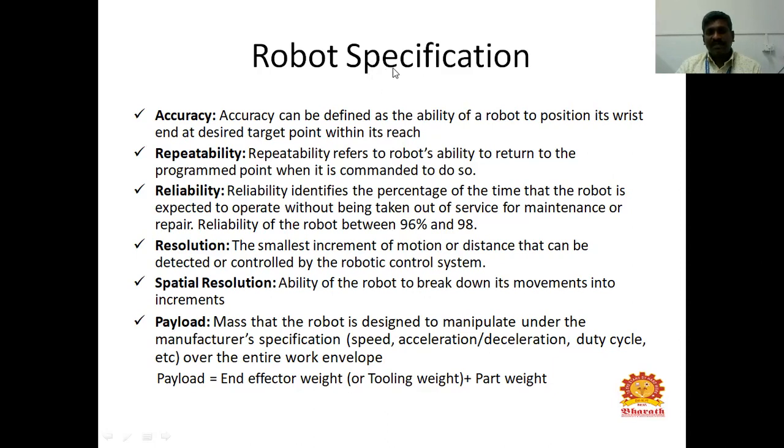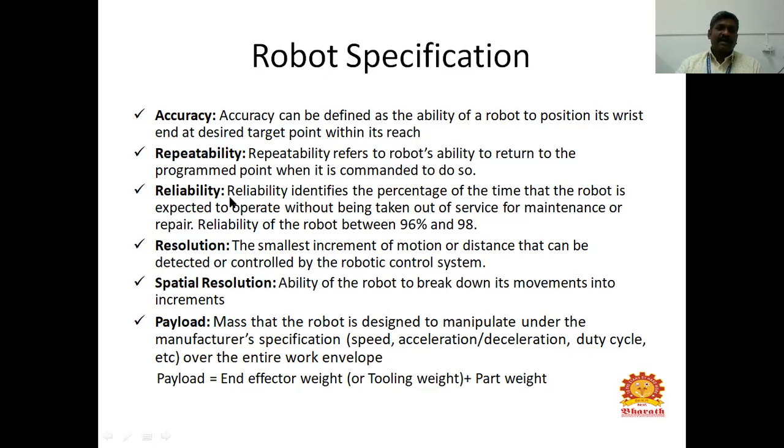How accurately it reaches what we gave as input, that is the accuracy of the robot. Repeatability refers to the robot's ability to return to the programmed point when commanded to do so. That means we give the same input, for example 5, 5, 5, and how repeatedly the robot can reach that point. That is called the repeatability of the robot.